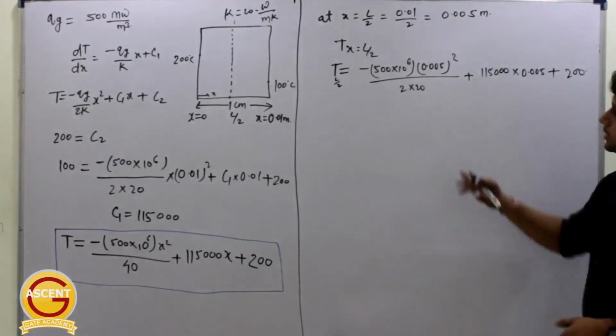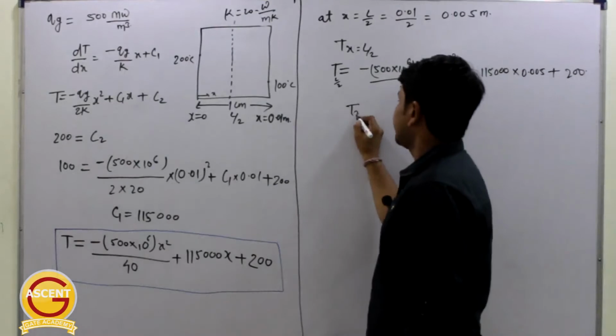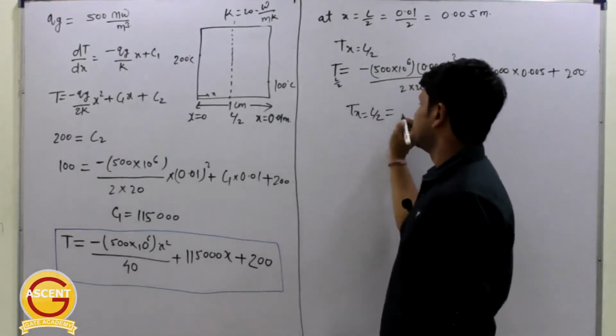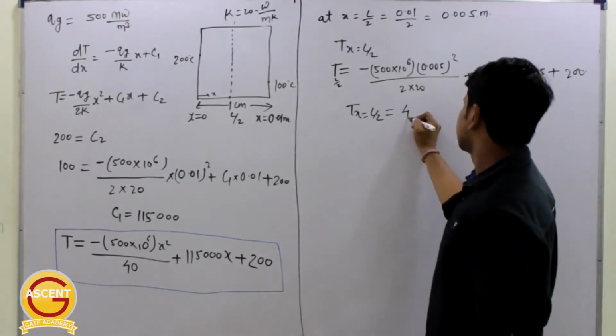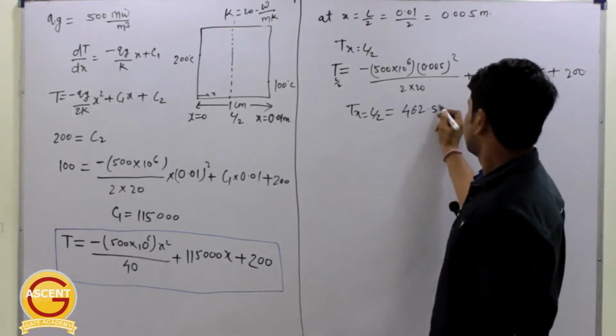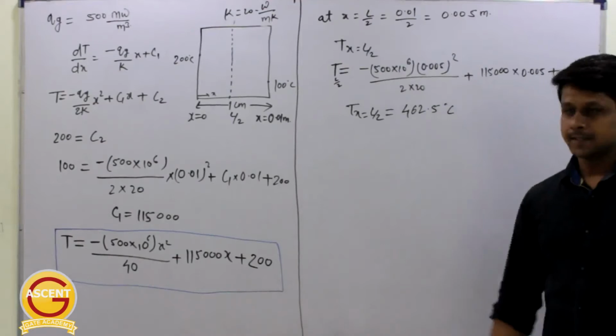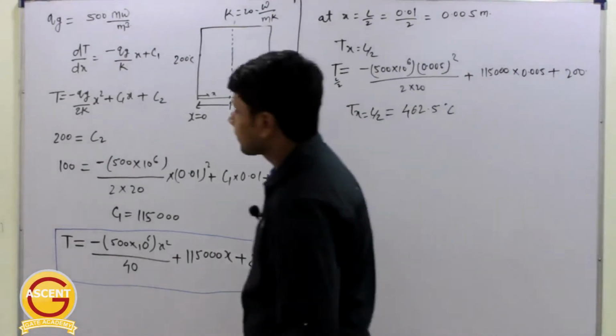So just calculate this and you will get T at x equal to L by 2, which is the mid thickness, as 462.5 degrees Celsius. Correct? So this is our first answer.